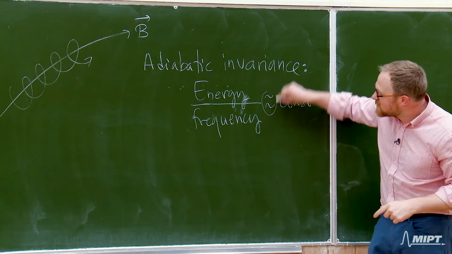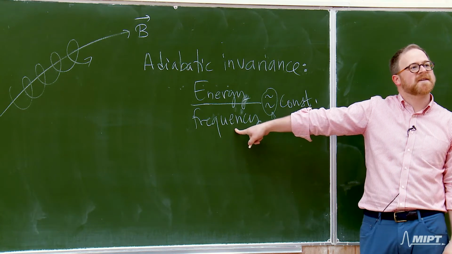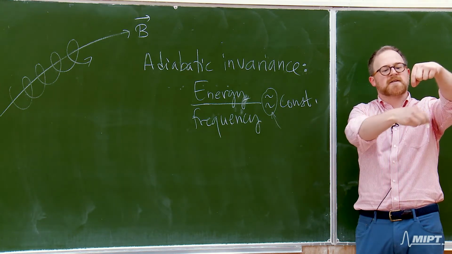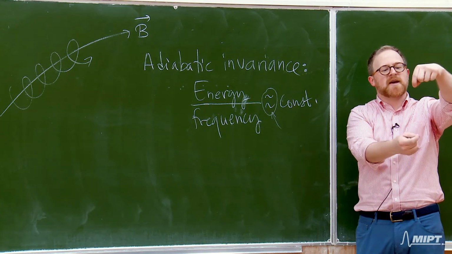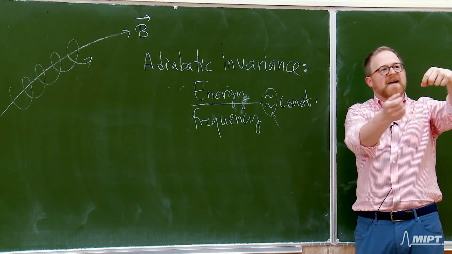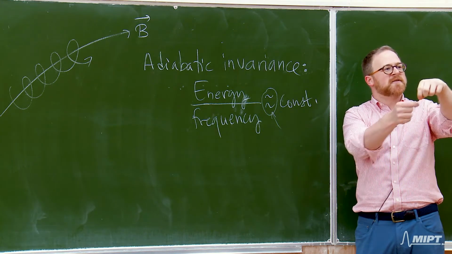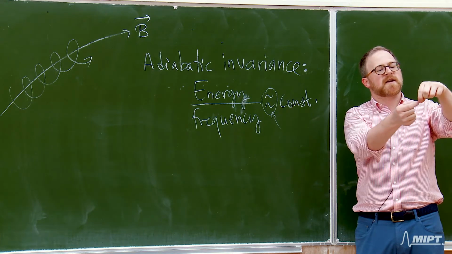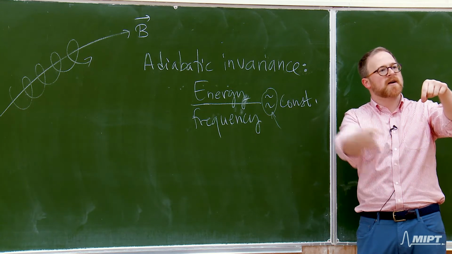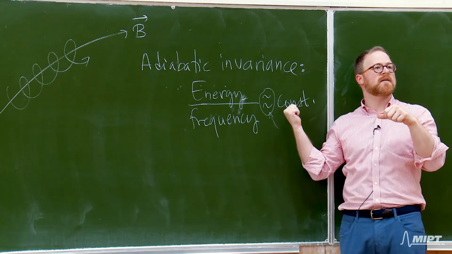So this right here is saying something about the size of this frequency, right? If I take a pendulum and I take the length from 10 centimeters to a meter in half a second, things aren't going to be conserved, right? But if I do this really slowly, in other words, if I lengthen the pendulum at a rate which is slow compared to the oscillation frequency, you'll get this satisfied.